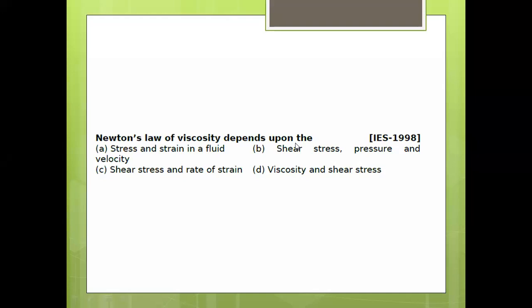Is anyone saying option A, stress and strain in the fluid? Option B, shear stress, pressure and velocity. Option C, shear stress and the rate of strain. And option D, viscosity and shear stress.